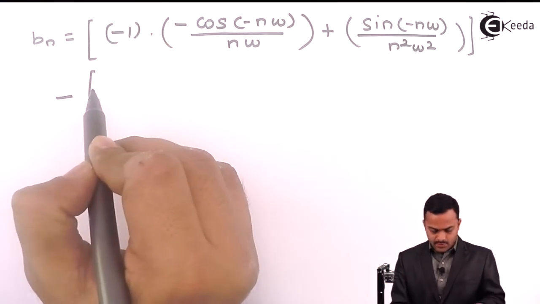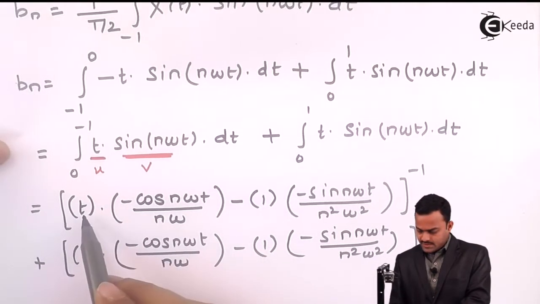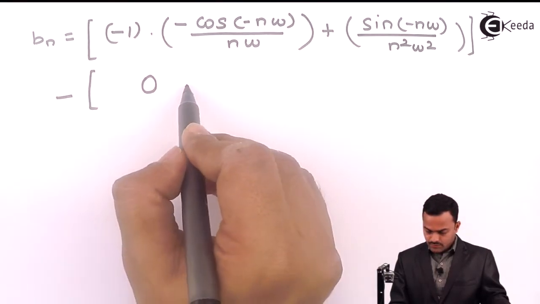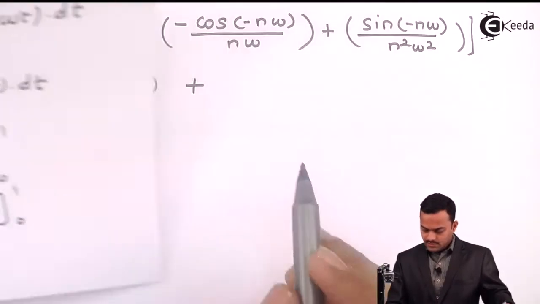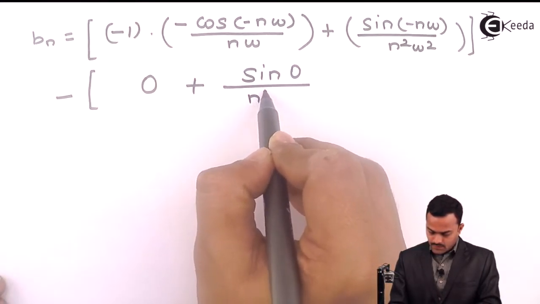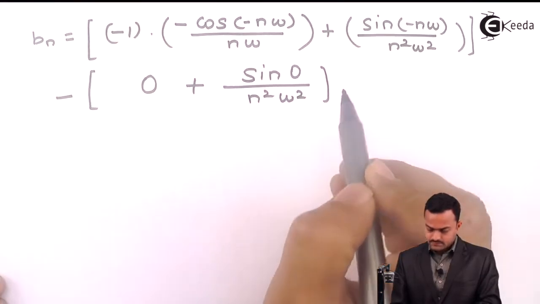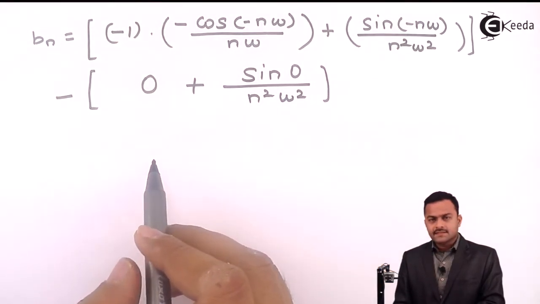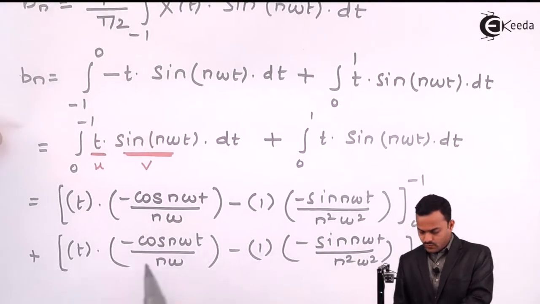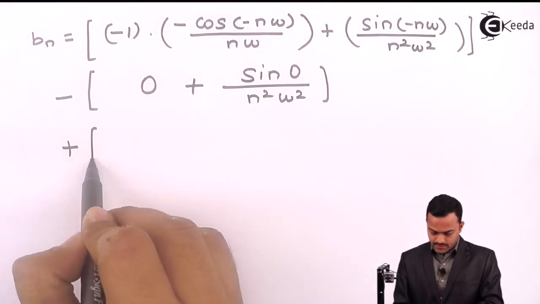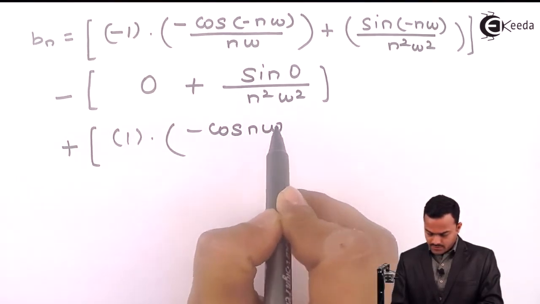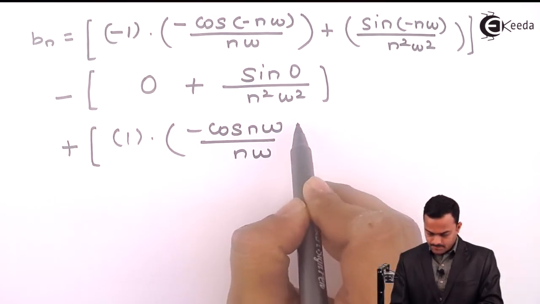Minus, let's apply the lower limits now. Now t is there, if I apply 0, straight away the first term will become 0, plus here I will get sine 0 upon n square omega square. Let's see for the second integral where the first limit is 1. So if I apply, I will get 1 into minus cos n omega upon n omega.